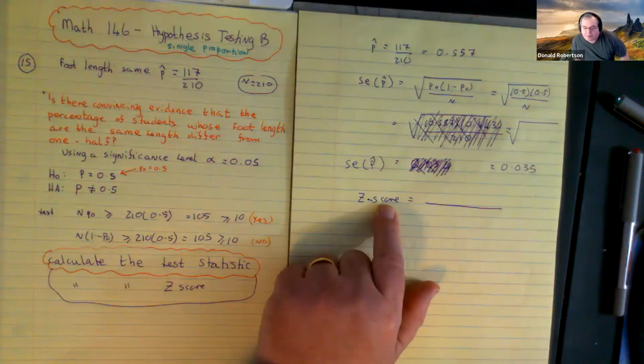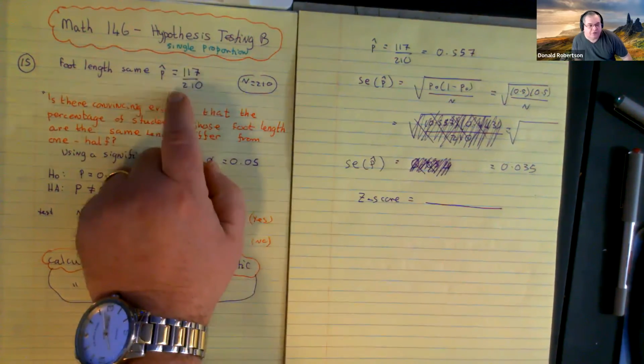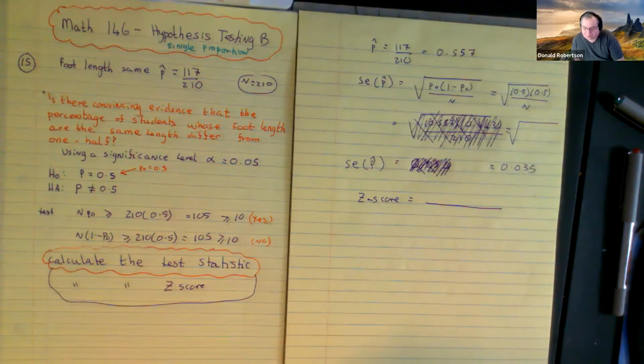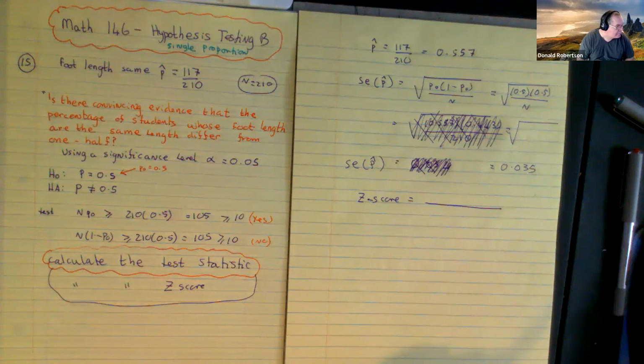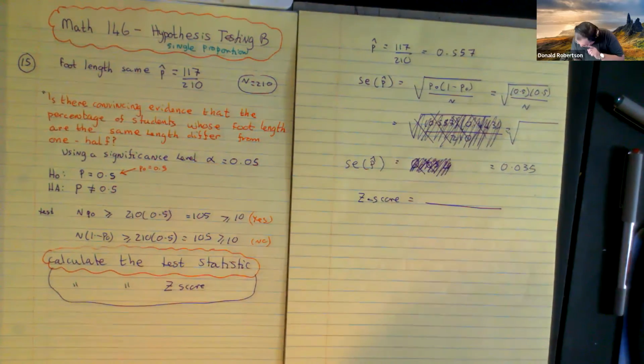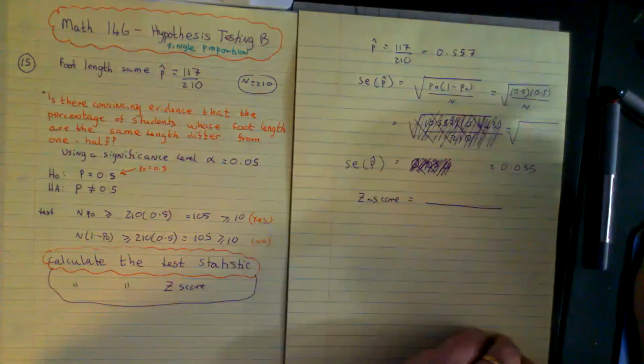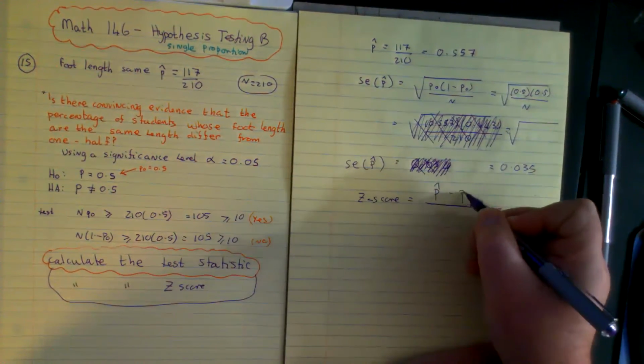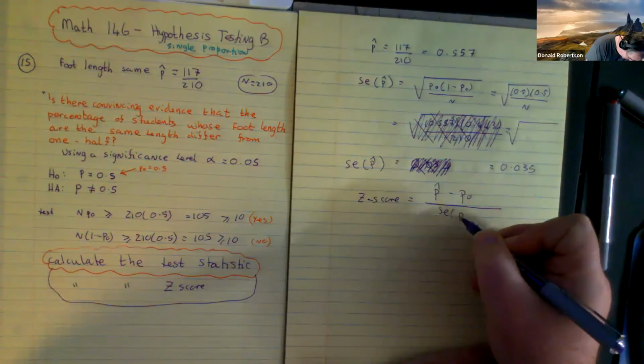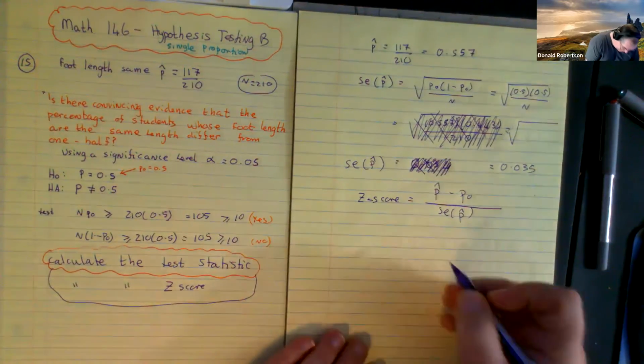Does anybody remember the Z-score formula that we use in these questions? Is it p hat minus p naught over the standard error? You nailed it. That's exactly what it is.